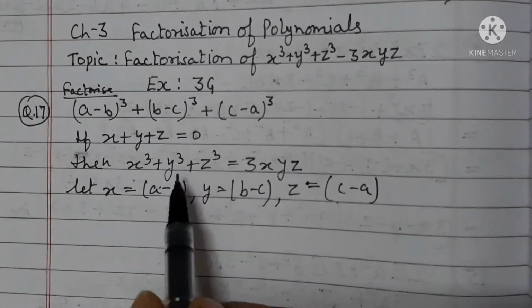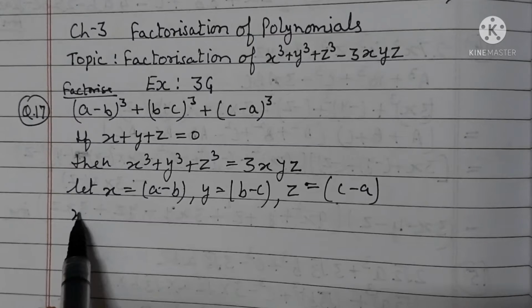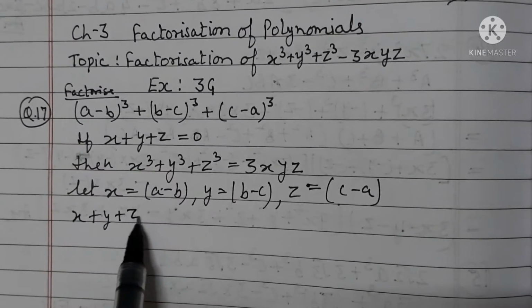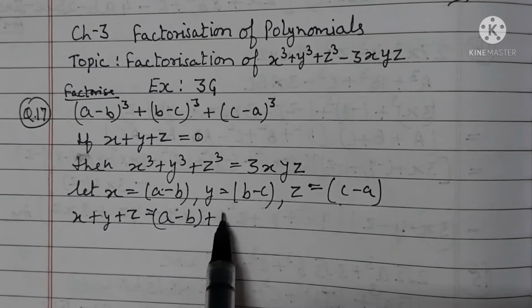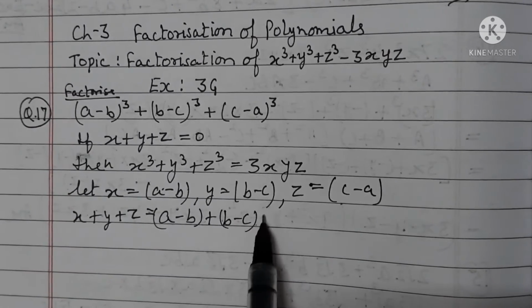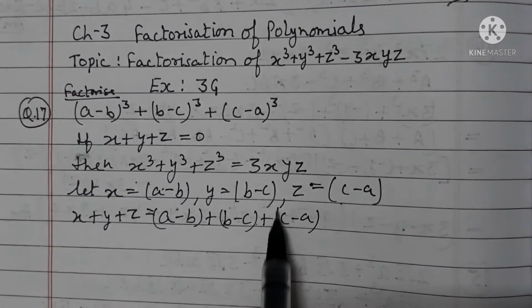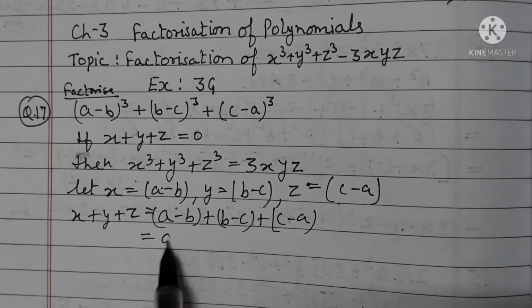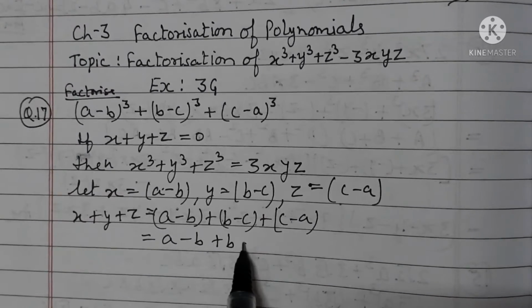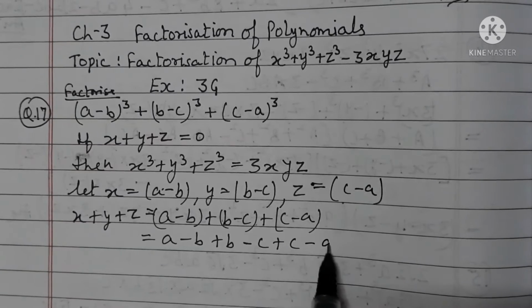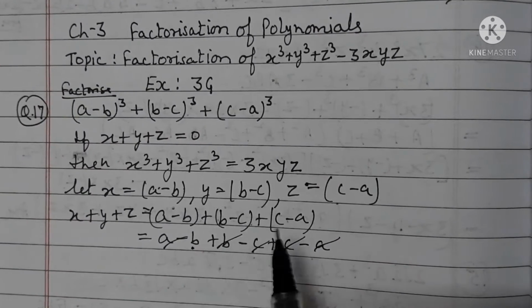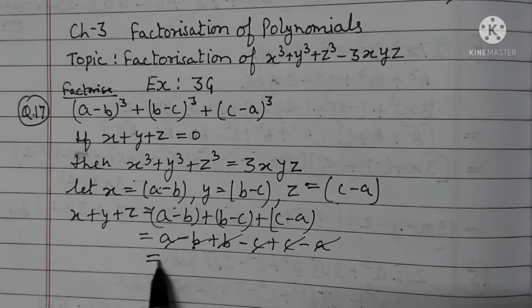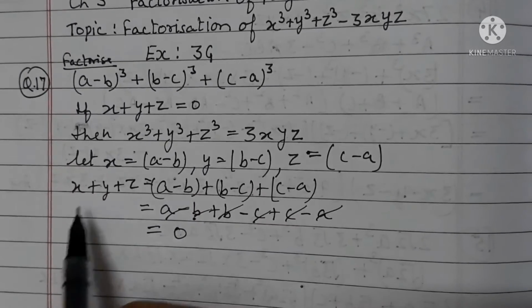Now find x plus y plus z. So x plus y plus z is equal to a minus b plus b minus c plus c minus a. Open this: all terms cancel each other, so you will get 0. x plus y plus z is equal to 0.